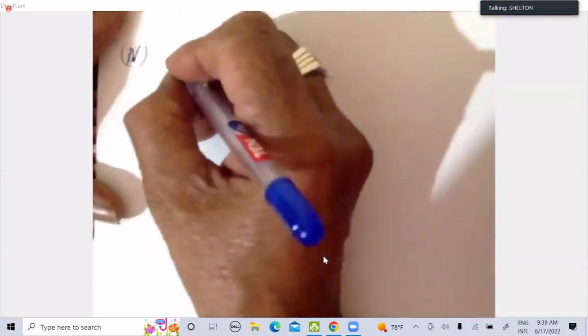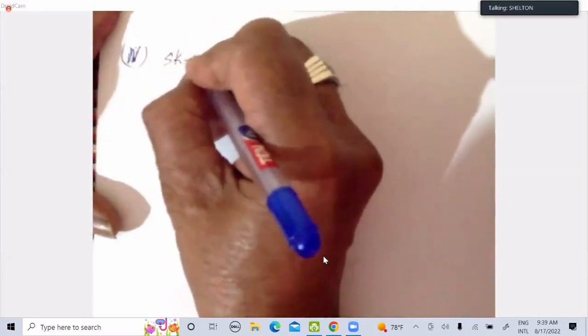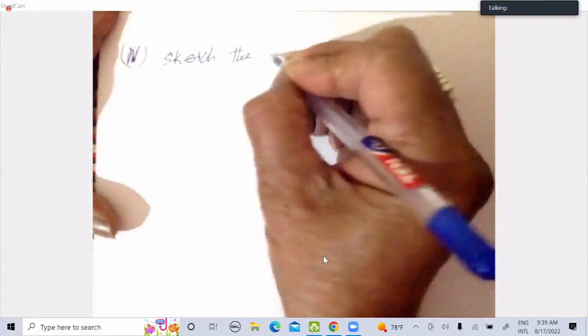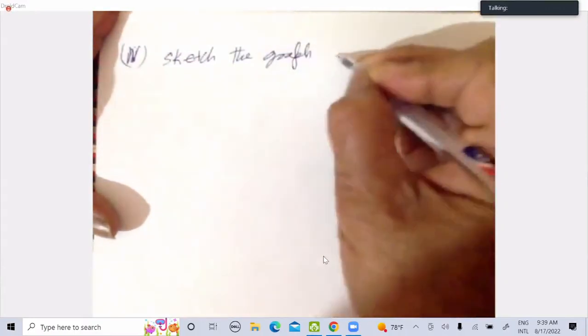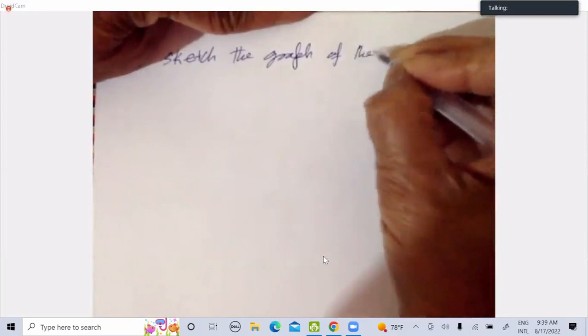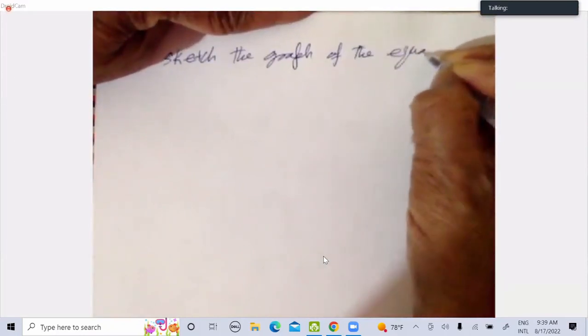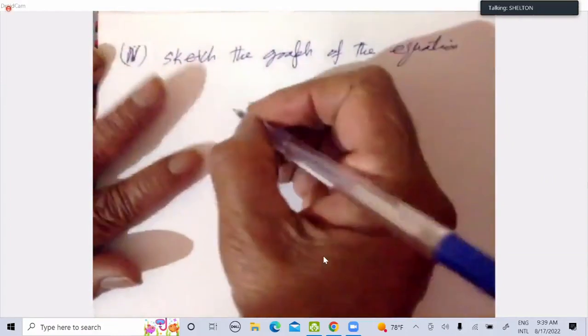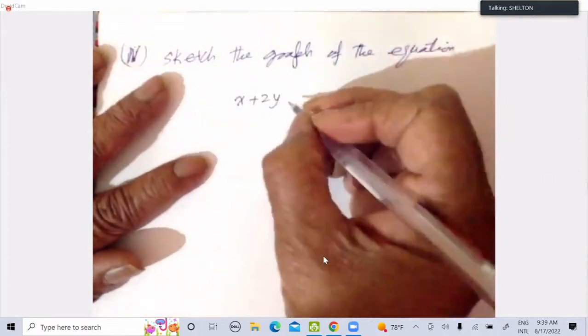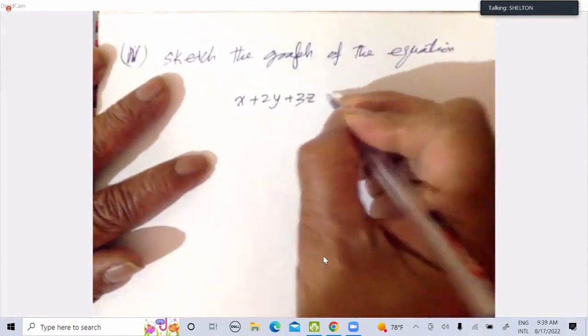Fourth one: sketch the graph of the equation x plus 2y plus 3z equals 6.